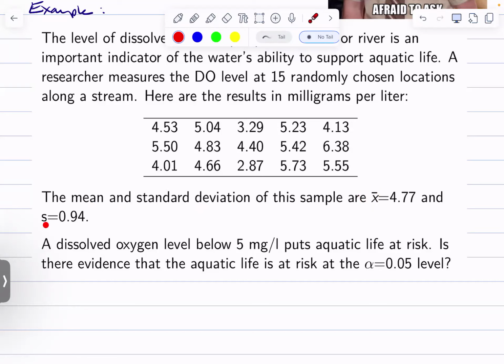And the standard deviation of the sample, making it an S, is 0.94. And so we're given that information. Relatively easy. If I gave you this in a spreadsheet, you can calculate the mean and the standard deviation, but those would be sample means and sample standard deviations, right? And so just keep track of those.